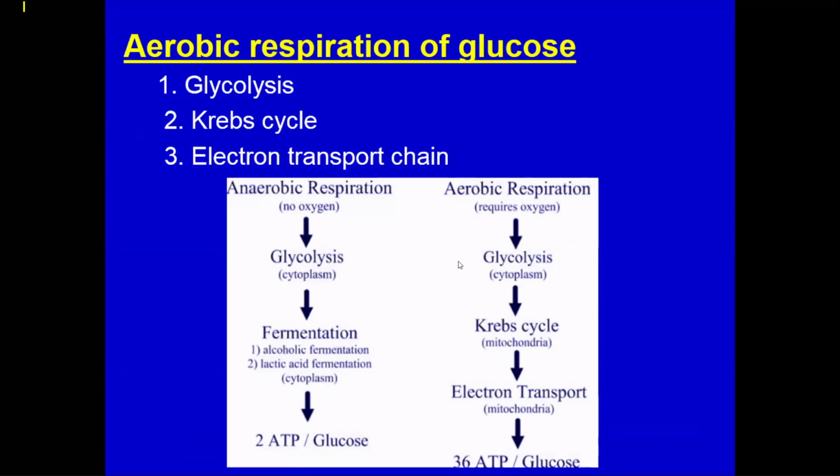Anaerobic respiration produces only 2 ATP, while aerobic respiration produces 36 ATP, 18 times more. Aerobic respiration is 18 fold more efficient in releasing ATP than anaerobic respiration.